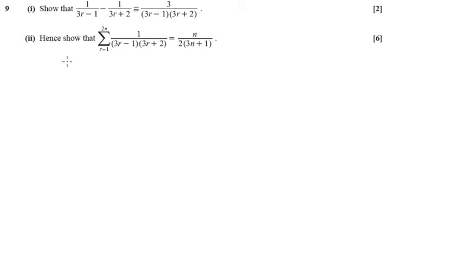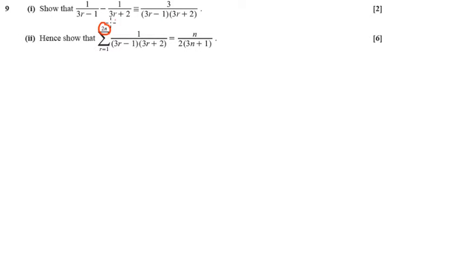Okay, part 2 then says, hence show that the sum from 1 to 2n of this is equal to this expression here. There's two things to notice about this. It says 2n when it usually says n, and we have a 1 here when up here we have a 3.